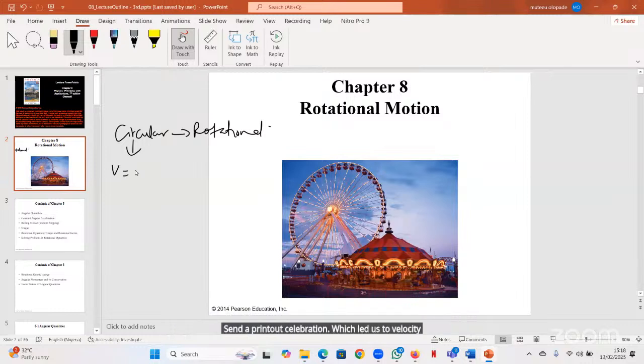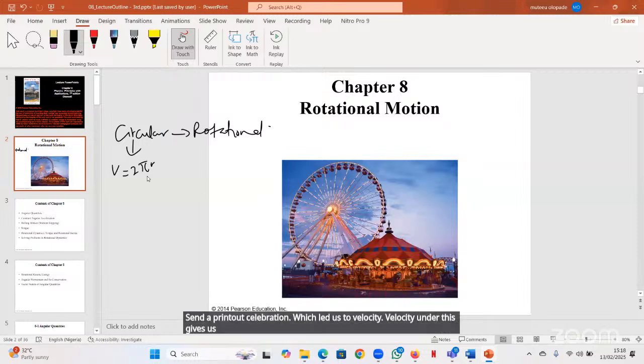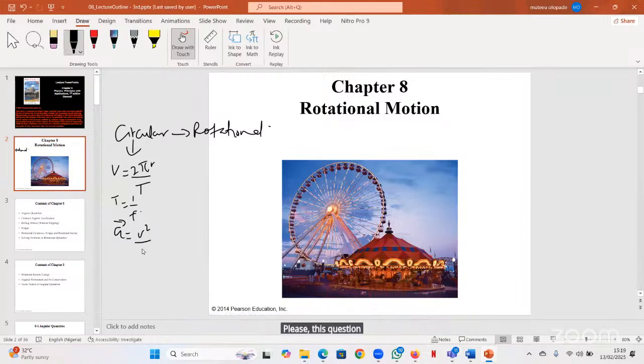Velocity here is 2 pi r divided by the period, and we all know the period is equal to 1 divided by the frequency. The acceleration is given as v squared divided by r. That is what we have here. So from here, we move on to rotational motion.